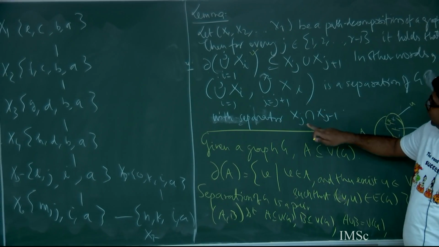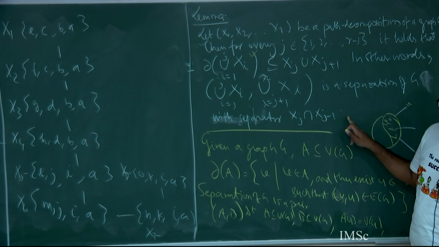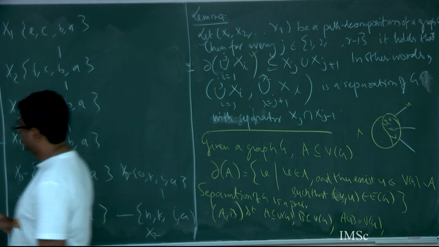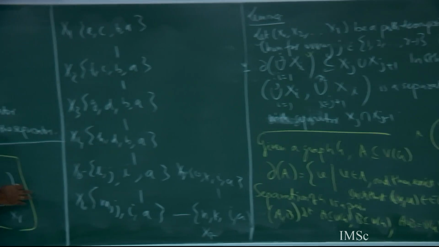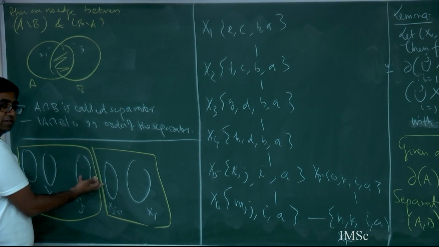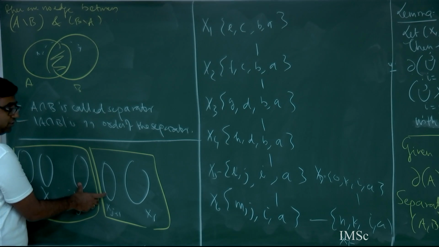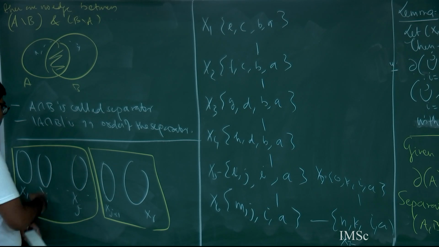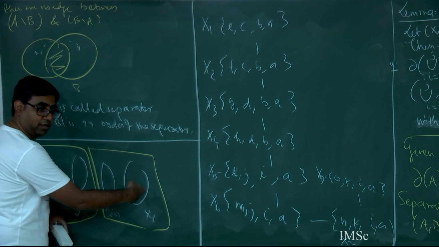What it tells us first of all is a separator of G with separator this. So although A is a huge chunk, what is its intersection? You take the intersection of these two guys, and if you delete this guy, then there is no edge from here to here, right.